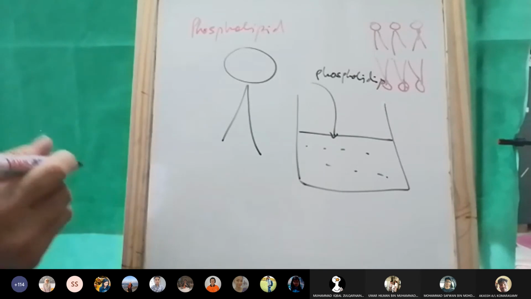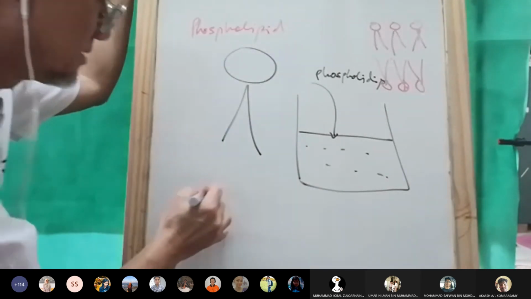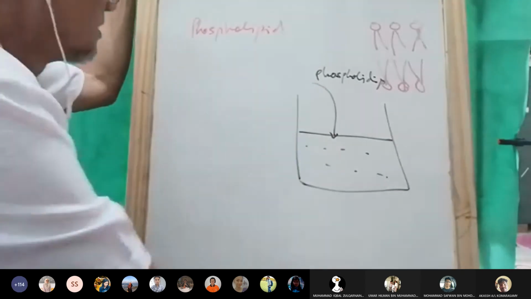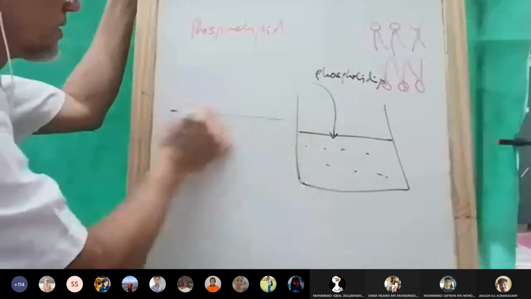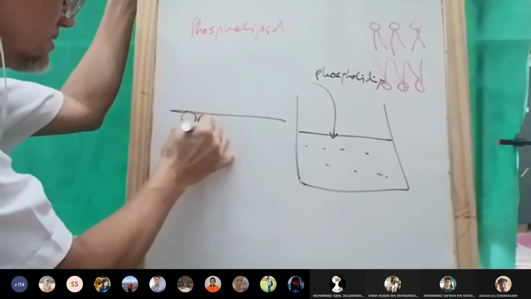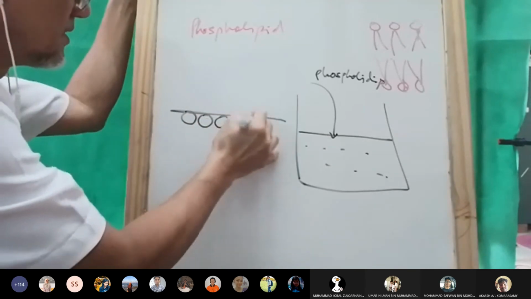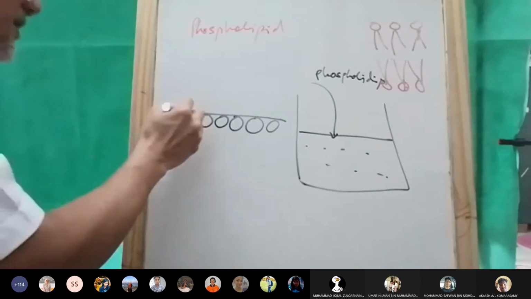The funny thing about this phospholipid is that it does not like water. So what does it do? It converts its head, which is hydrophilic, and also the tail, which is hydrophobic.